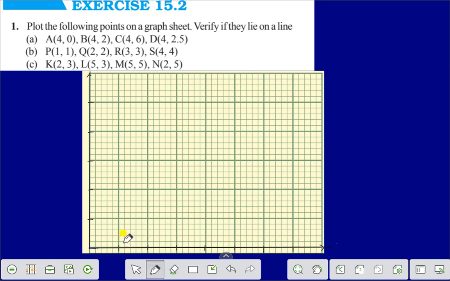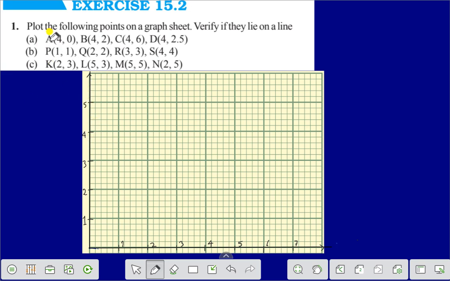This one we take as 1, this is 1, this is 2, this is 3, this one is 4, this one is 5, this one is 6, this one is 7, right? And this one we take as 1, 2, 3, 4, and 5. Let us take all these points.